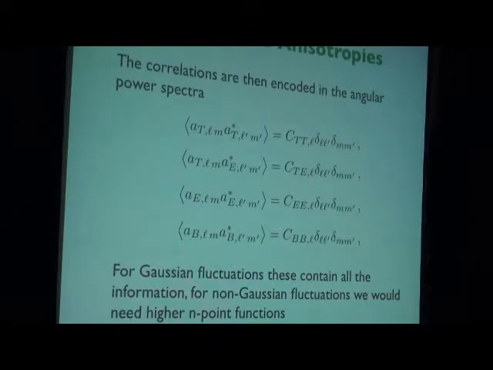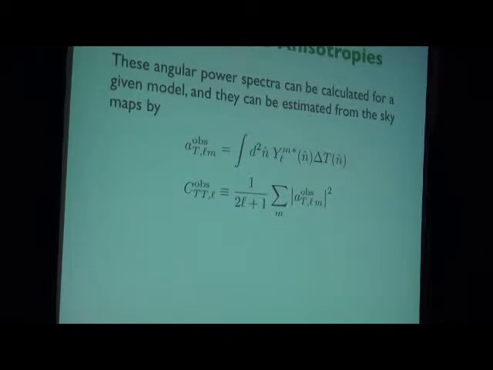And for Gaussian fluctuations, we know that the two-point correlations encode all the relevant information. So the odd n-point functions all vanish for a Gaussian random field, and the higher even n-point functions are sums of products of the two-point function. So everything is encoded in these angular power spectra if it's Gaussian. Otherwise, we'll have to add higher order correlations.